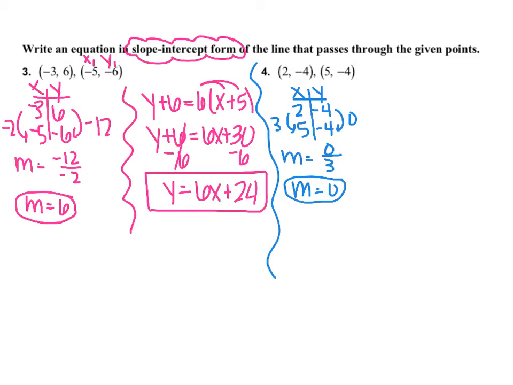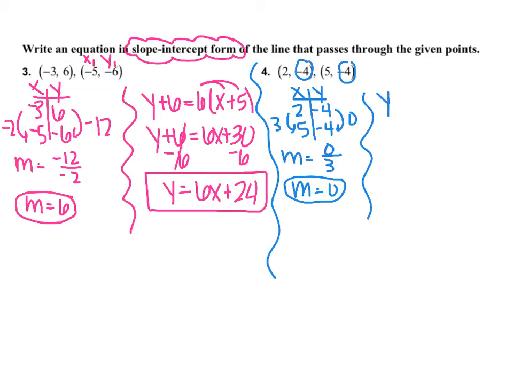So I have no x, right? That means, in this case, my equation is just that y is going to always equal, the y value is negative 4. So I could still use my point-slope form, right, and say y minus y1.